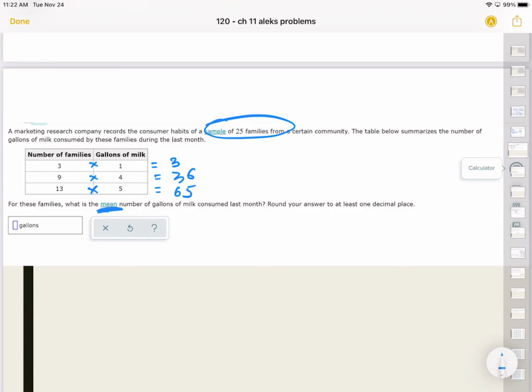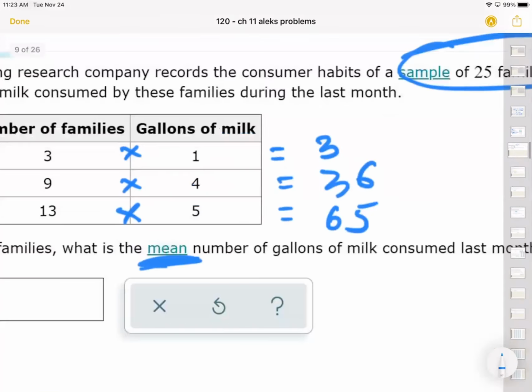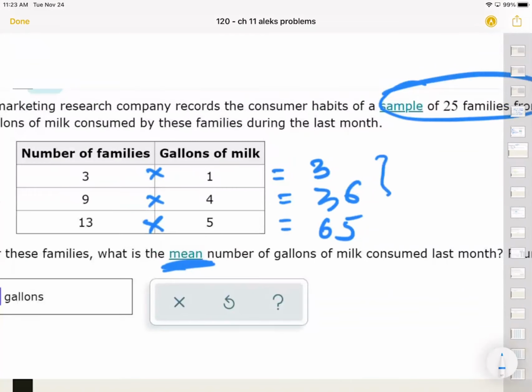You multiply the 2 item, which is 3. You multiply the 3 times the 1, the 9 times the 4, and the 13 times the 5, and then you add them up, right? You add them up, and if you add them up, 39, 90, 104, and you divide it by the number of families, which is 25.